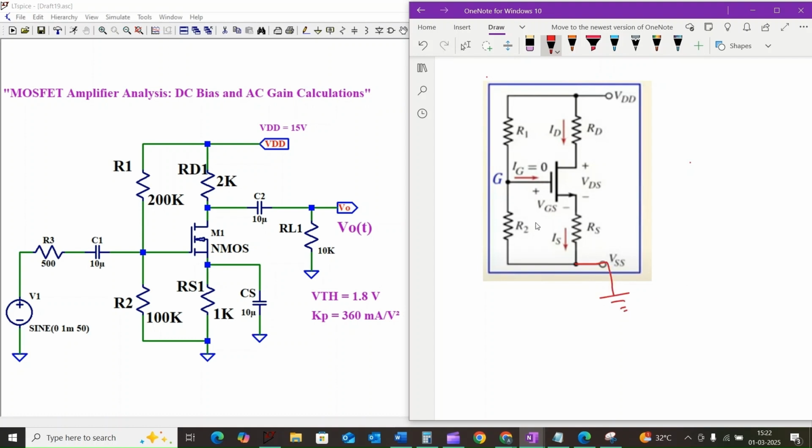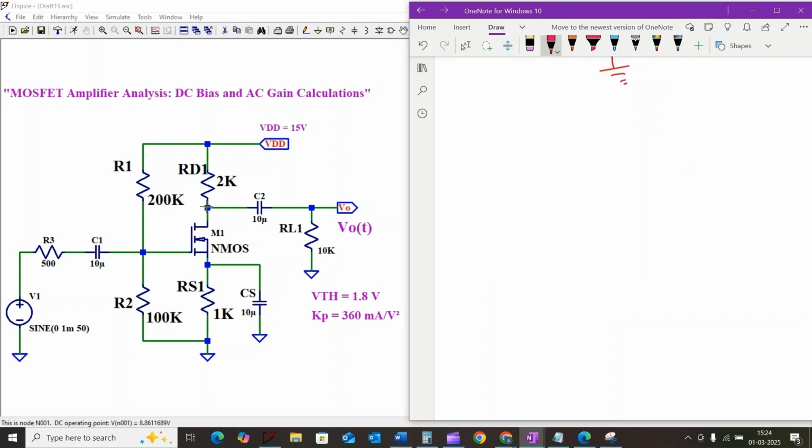Here R1 and R2 provide a voltage divider network, and we need to find the gate voltage. The gate voltage is determined by the voltage divider formed by R1 and R2. That means the voltage at this node, VG, is equal to VDD into R2 divided by R1 plus R2.